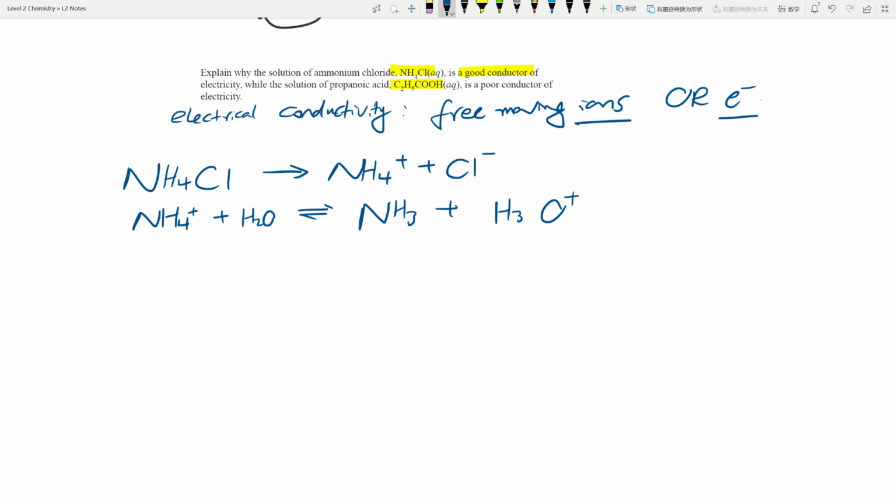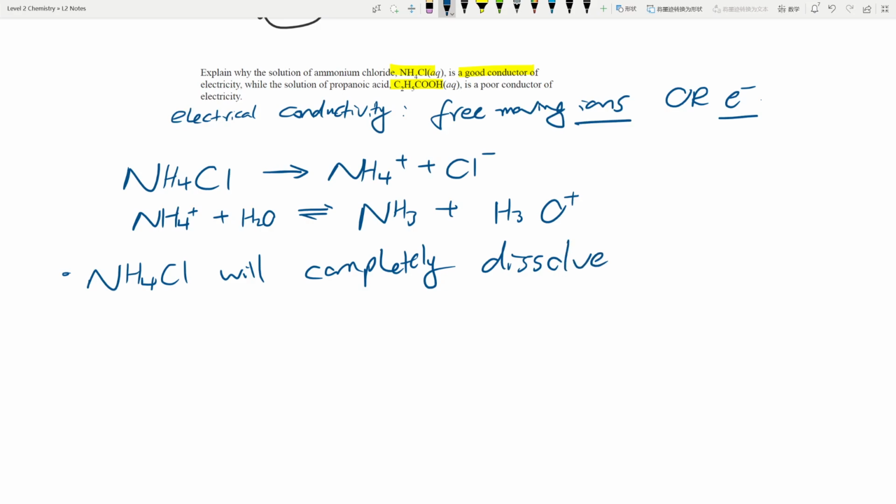Now you need to remember the NH4Cl. The NH4Cl will completely dissolve and form a high concentration of NH4+ and Cl-.